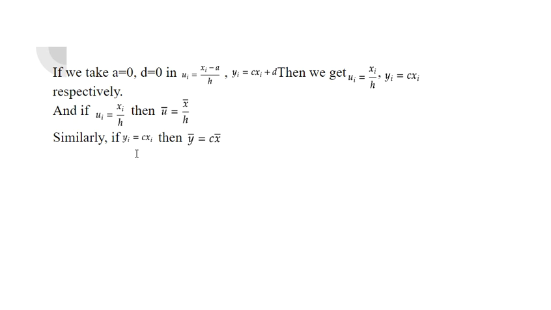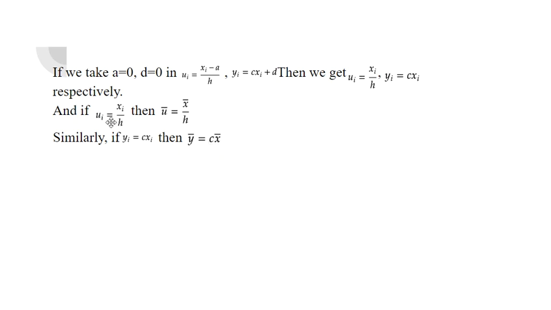Similarly, what is the meaning of if yi is equal to cxi, then y bar is equal to c x bar? If we multiply each observation, that is xi, by any constant, in our case c, then the new mean will be c times the initial mean.